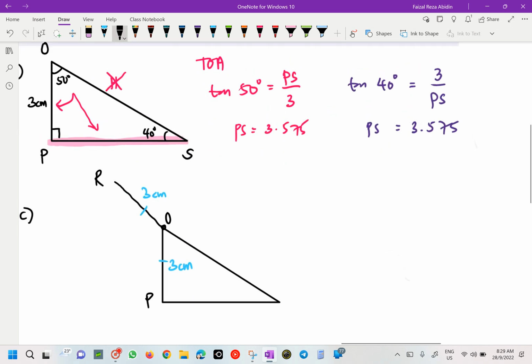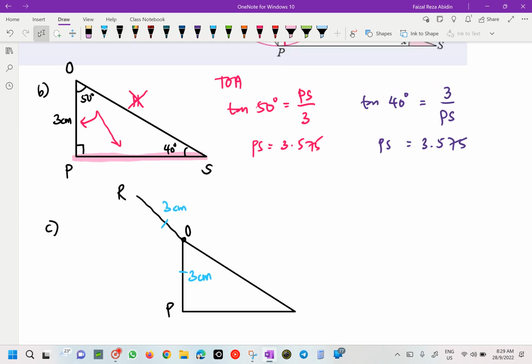And what we have just now, our PS, already we have 3.58. Okay, just round off. Means we have 3 centimeter. I can find my OS first.